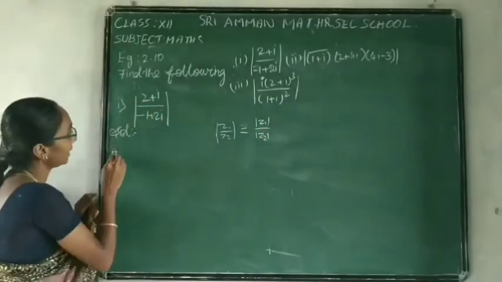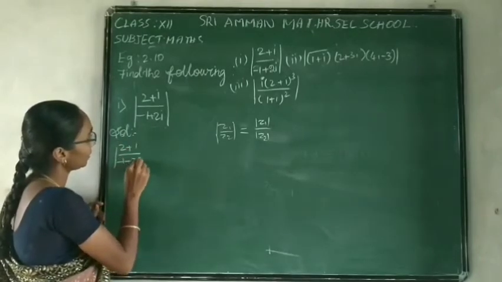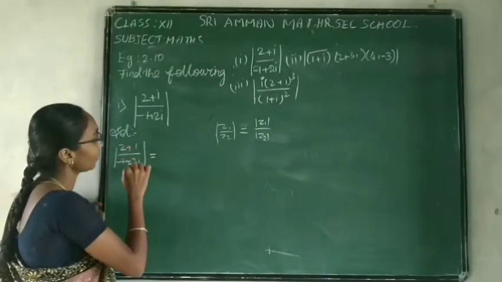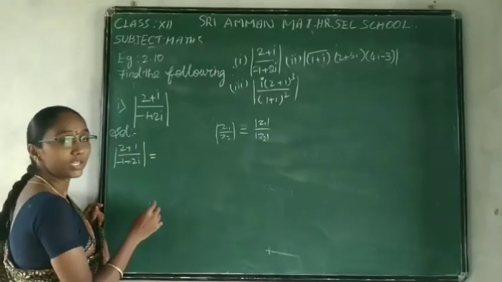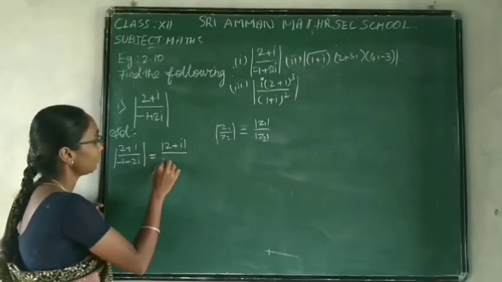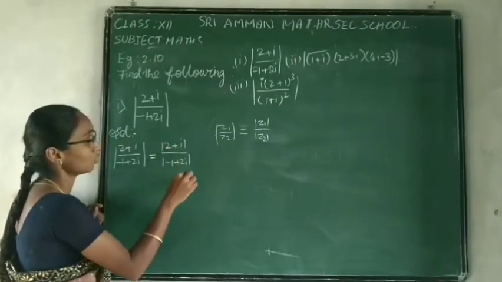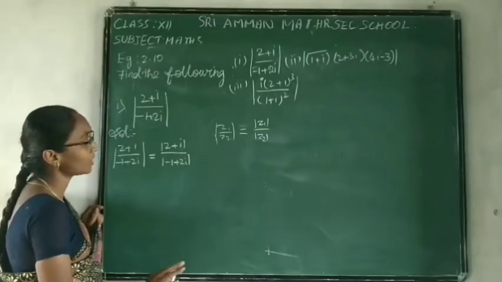So writing the question, separating the modulus of numerator and denominator, we get modulus of 2 plus i divided by modulus of minus 1 plus 2i. What is the value of modulus of 2 plus i?